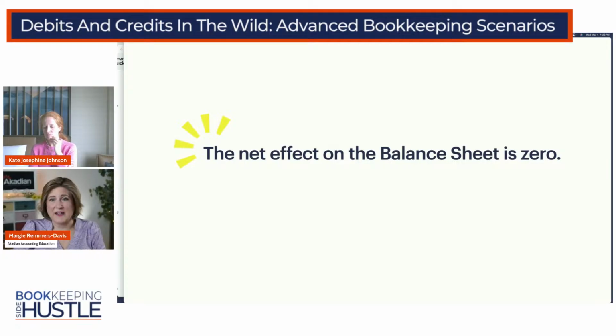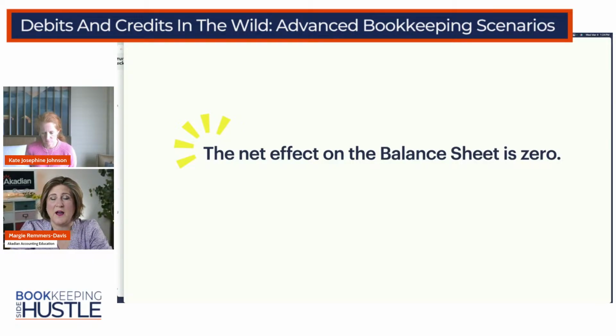Now, the net effect on the balance sheet is zero, because both the accounts receivable and the checking account are on the balance sheet. So it's just moving from one asset to another asset.